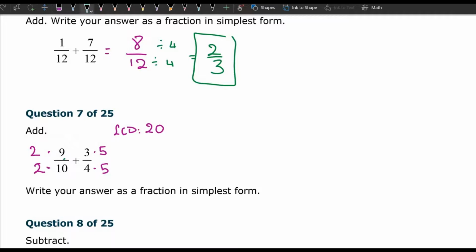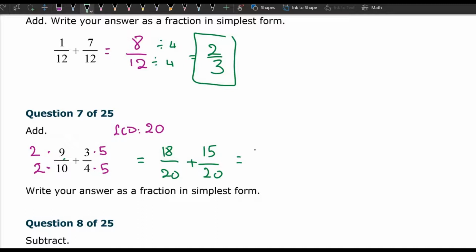Alright, so we will have what? 2 times 9 is 18. 2 times 10 is 20. Plus 3 times 5 is 15, over 4 times 5 is 20. Now they both have the same denominator. You can add them straight across.